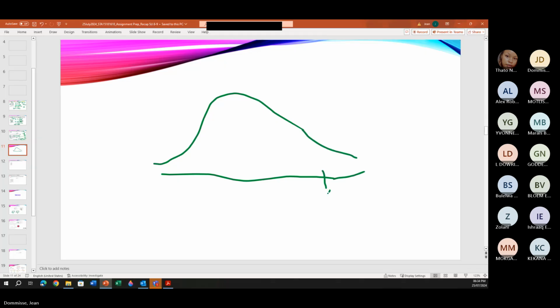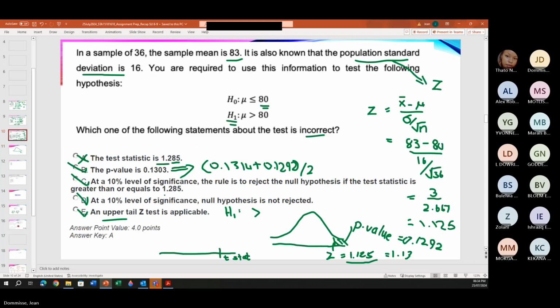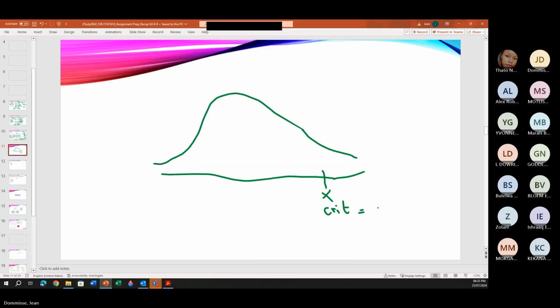So the critical value was equal to, what was it, 1.285. The t-stat was equal to 1.125.